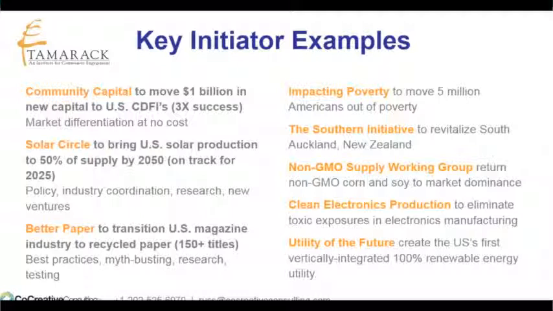We are applying it now at the community level, and particularly we're engaged with a partner called ThinkPlace in Auckland, New Zealand, on the Southern Initiative, which is a community revitalization initiative that grew out of a government, city council-led effort to do economic and workforce and sector development in South Auckland, New Zealand.